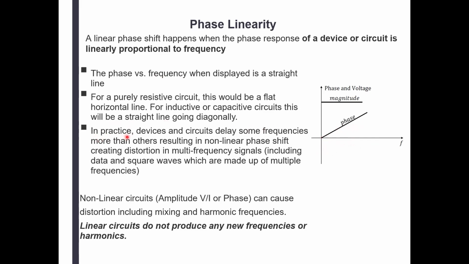All right, in practice, devices and circuits delay some frequencies more than others, resulting in a nonlinear phase shift, creating a distortion in multi-frequency signals, including data, square wave, switch data. So that determines the speed with which we can send data.